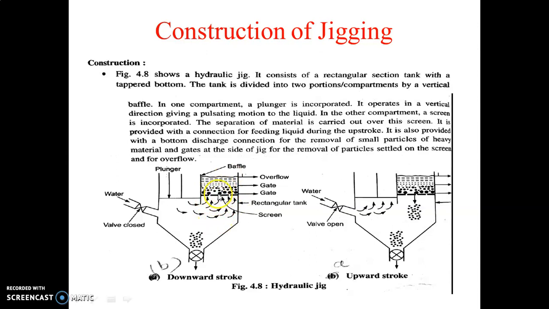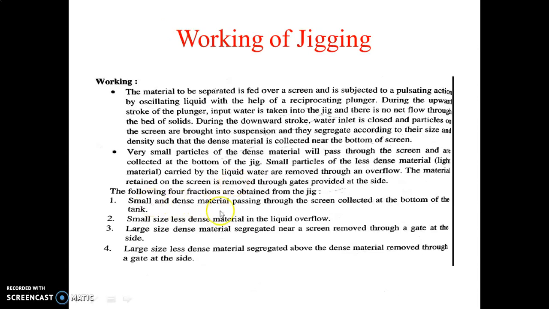The dense material is separated from this screen and collected from the bottom, and the material which has less density is collected through these different gates. So there are 4 fractions, that means 4 types of material we can collect through this jig.